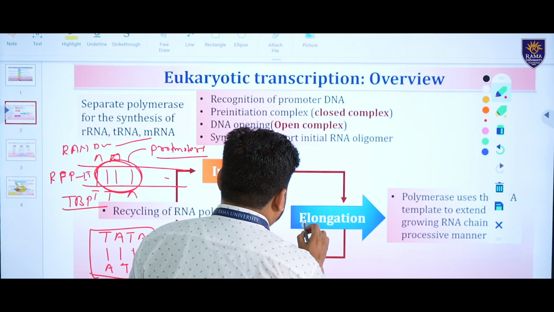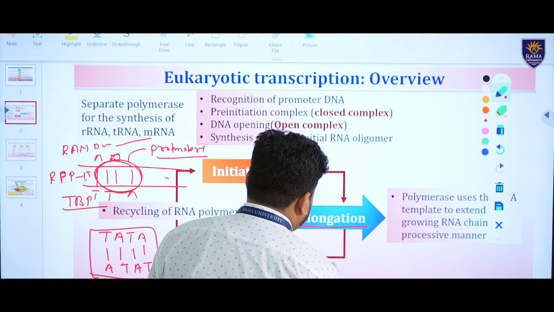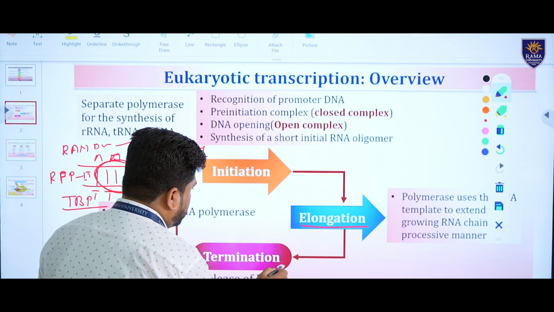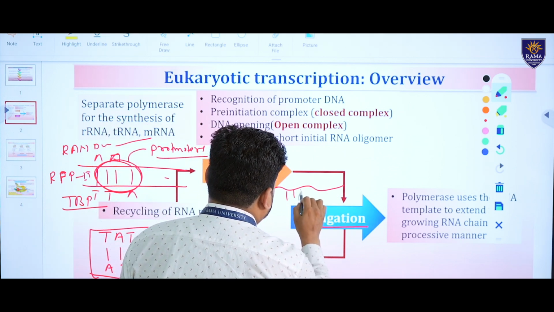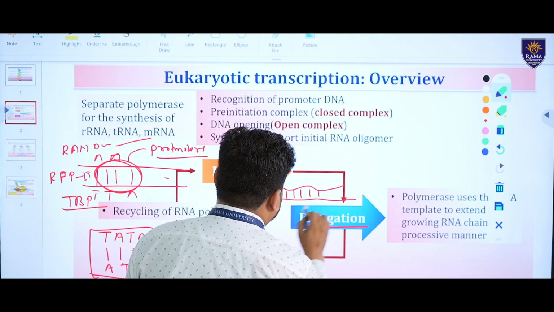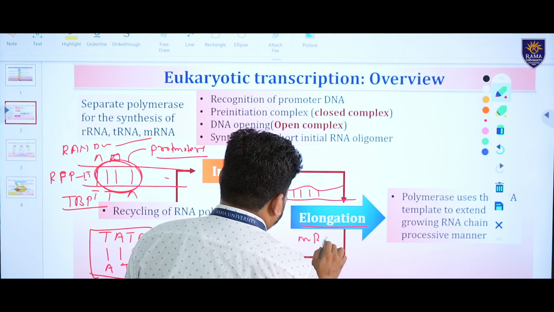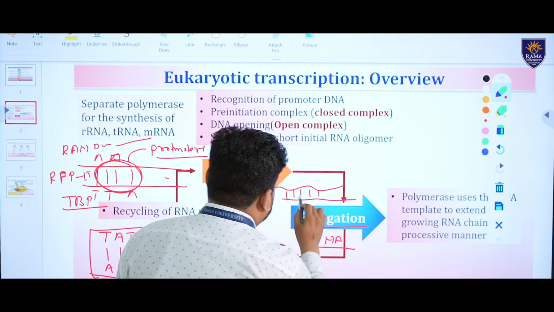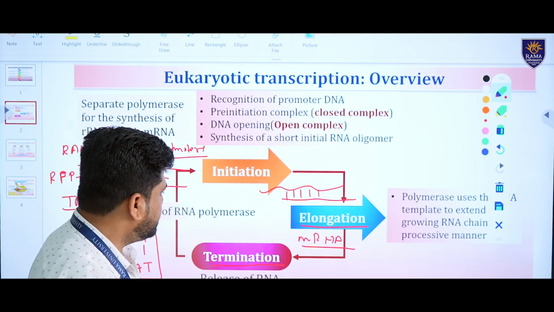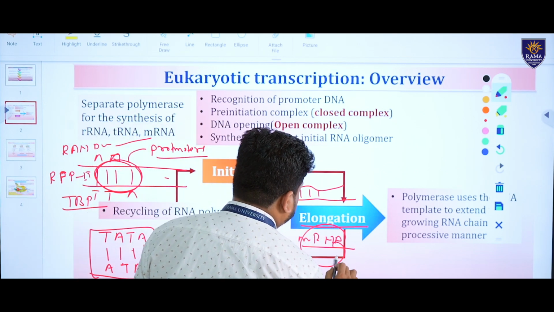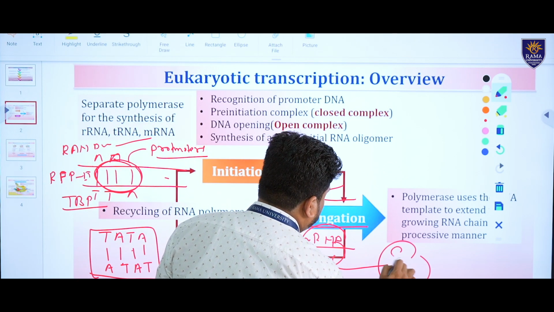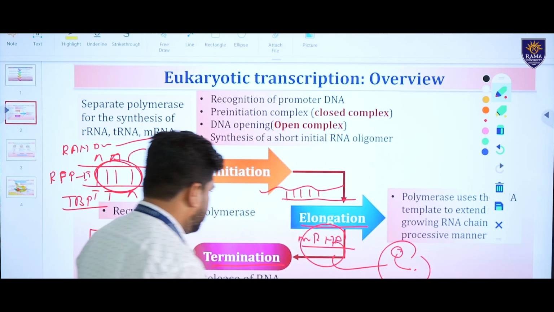After that, the elongation process takes place, and lastly, when the information present on the DNA molecule has been copied in the form of mRNA, the chain terminates, and this mRNA is transferred from the nucleus to the cytoplasm.